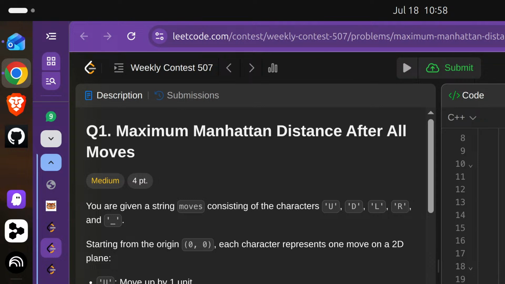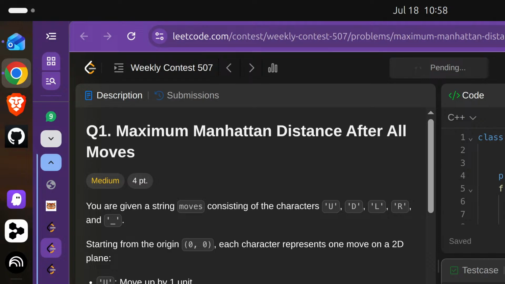Else return in this case x plus 1 and y will be the same. And here we can return f of moves comma 0 comma 0 comma 0, with i moving. Okay, so let's see what happens in this case.